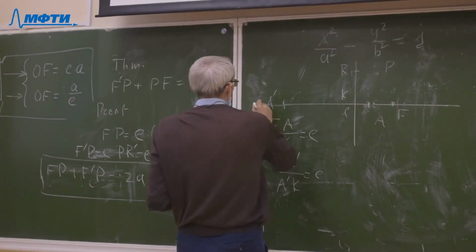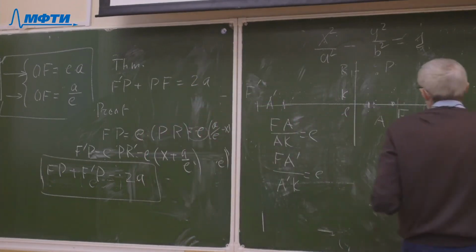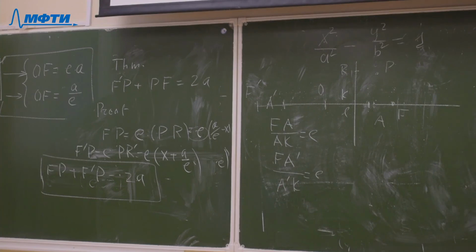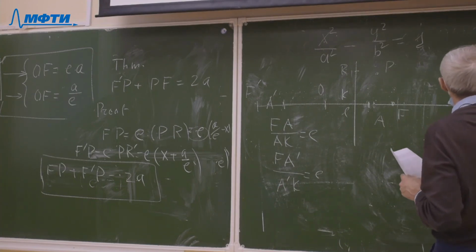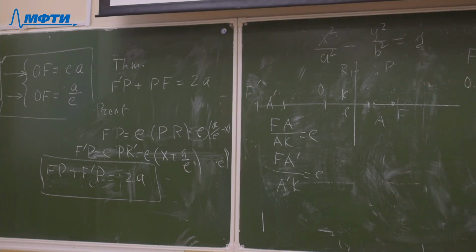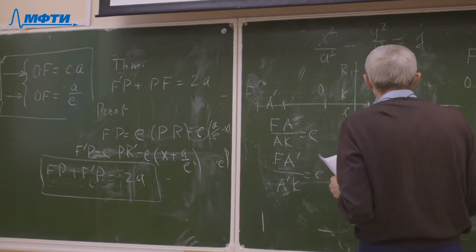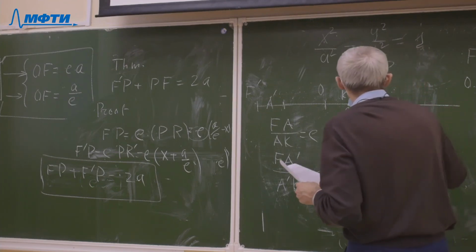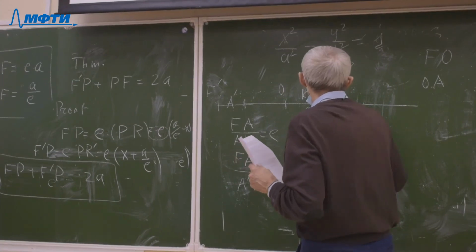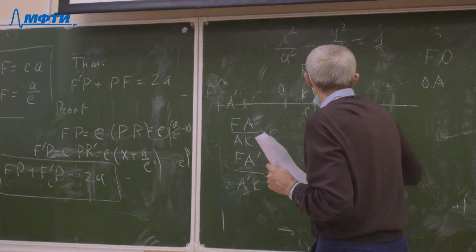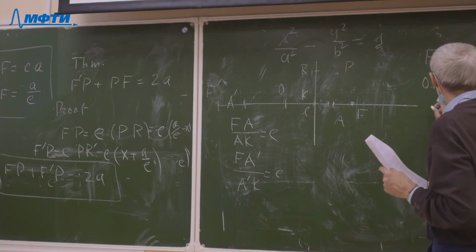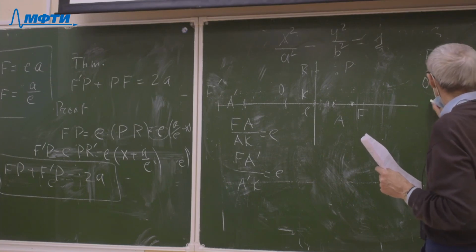and we can consider also the symmetric point F prime, and we consider the middle point O of the segment A prime A, and we calculate the distances FO and OA, and consider these two, and we also consider some point K, and we compare these values FO, OA, and OK.